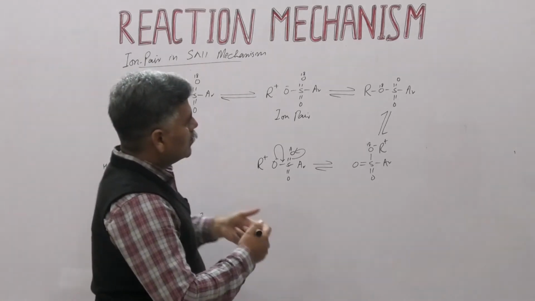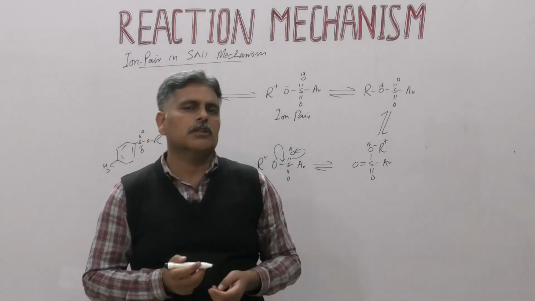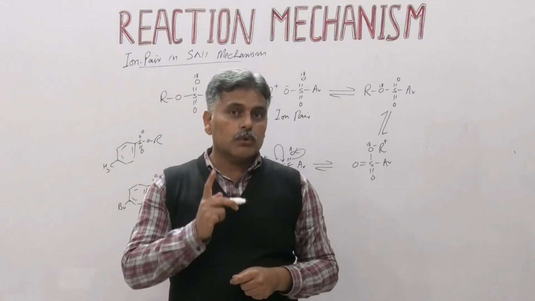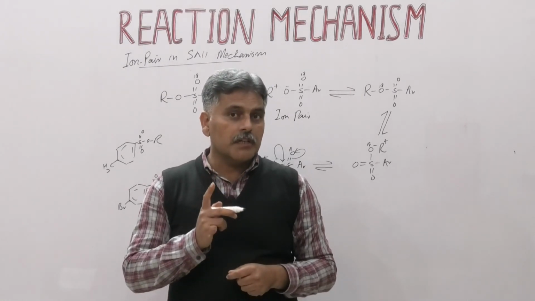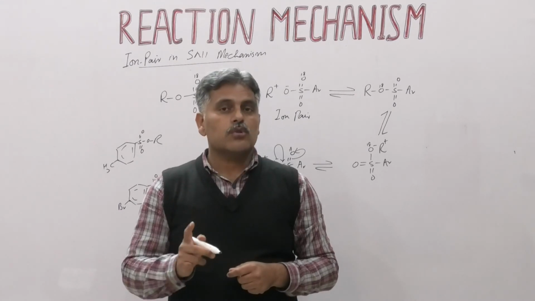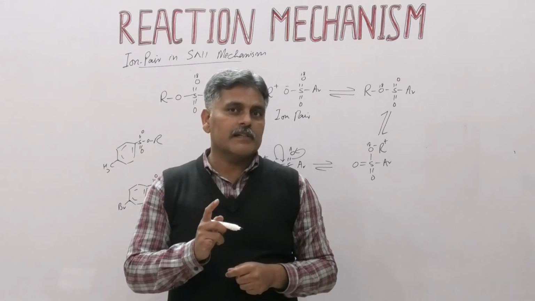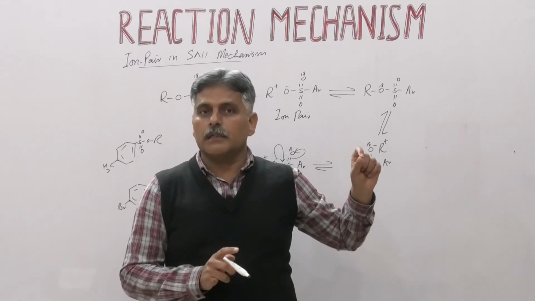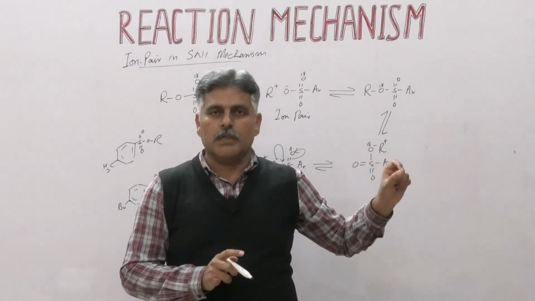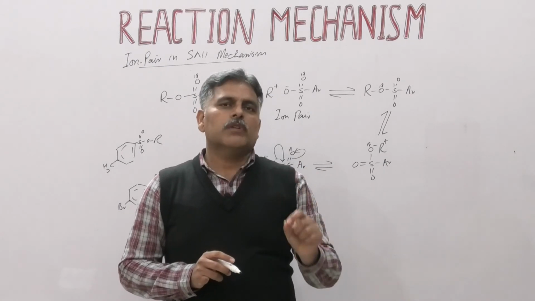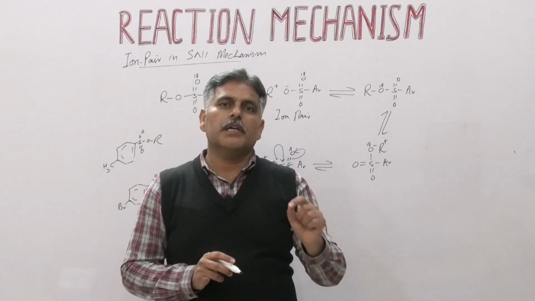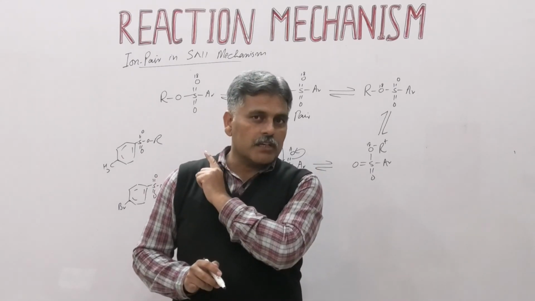There are also some other examples which prove the ion pairs in SN1 mechanism, all those reactions in which the starting material possesses a chiral center. When you are carrying out the SN1 reaction, ion pairs can be proved by determining the stereochemistry of the product. If there is no complete racemization, then the ion pair must be involved in SN1 mechanism.